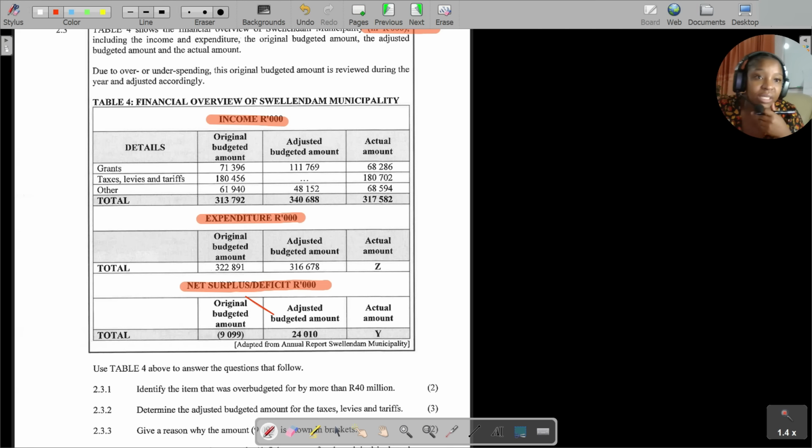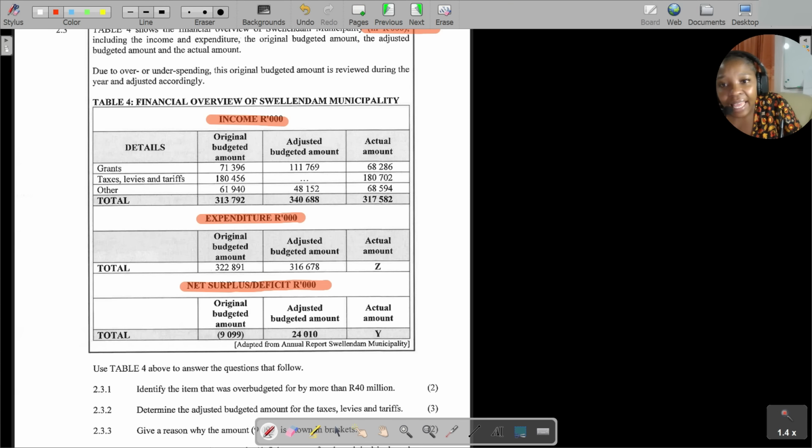Try to figure out what's happening there, because it will definitely help you in instances where you have to answer certain questions. So give yourself time to analyze these tables. You need to get a feel of this on your own.